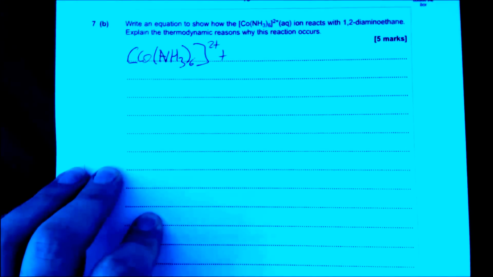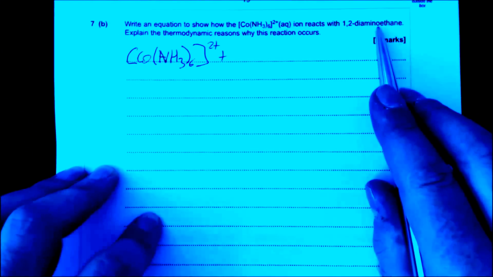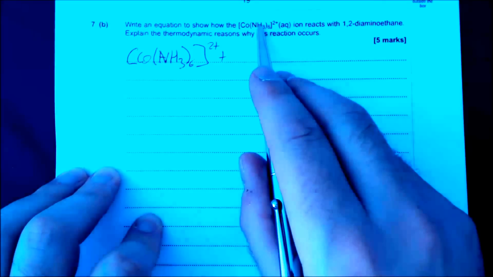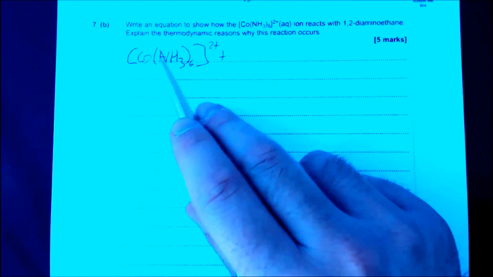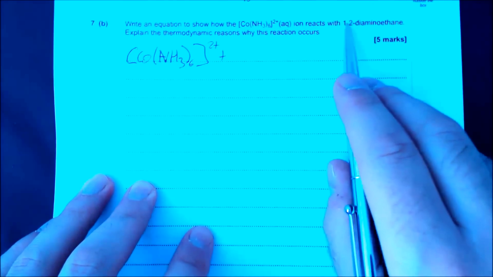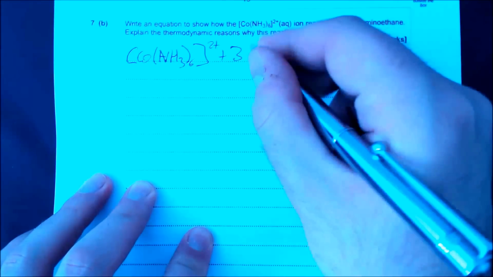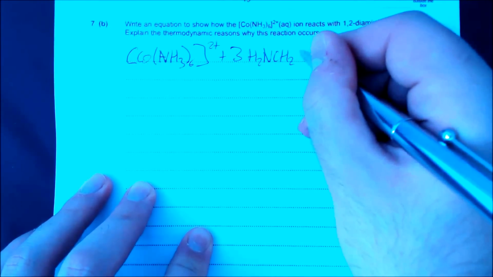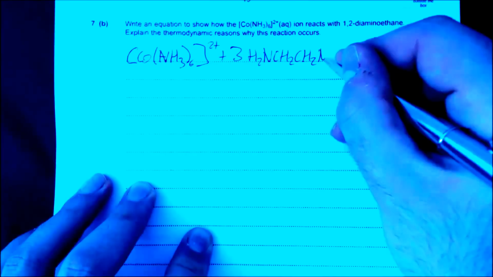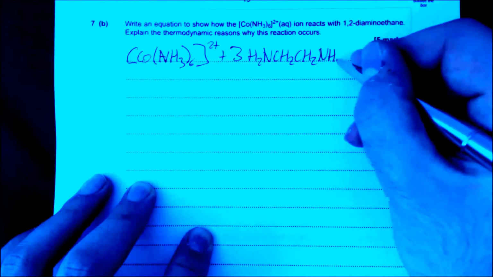Now this is a bidentate ligand, which means this can bond twice, as opposed to ammonia, which is just a monodentate or unidentate ligand, where it can only datively covalently bond once. So we can only have 3 of these. So I'm going to write that there: H2N CH2 CH2 NH2.